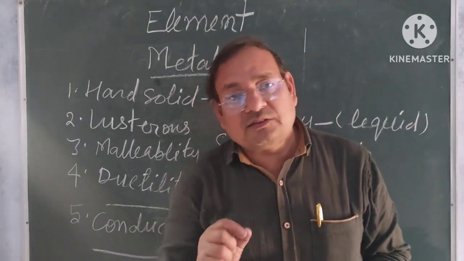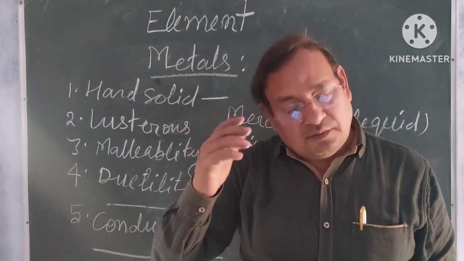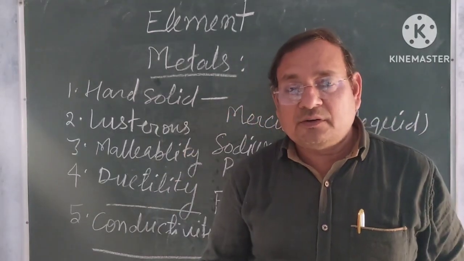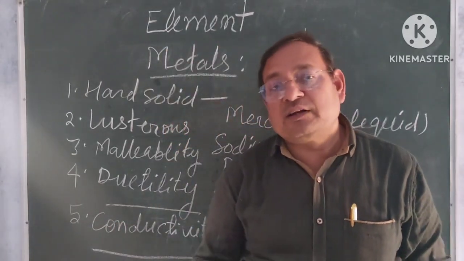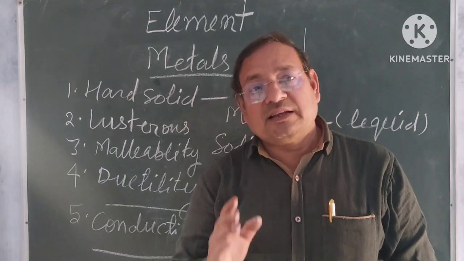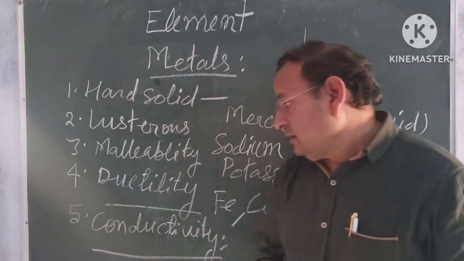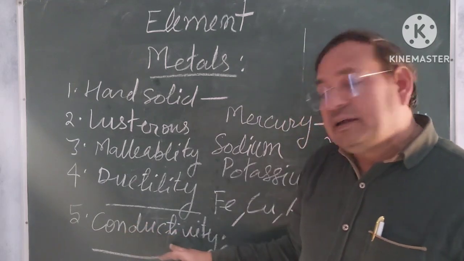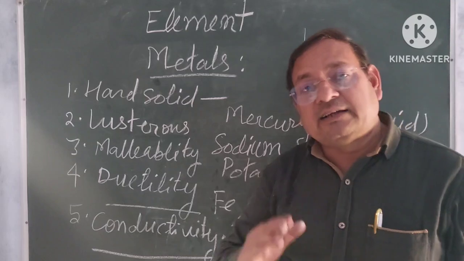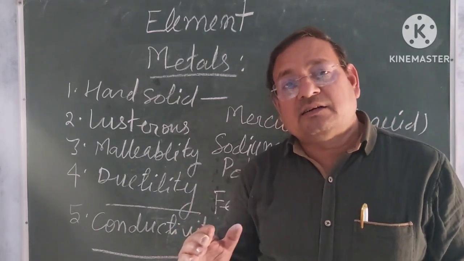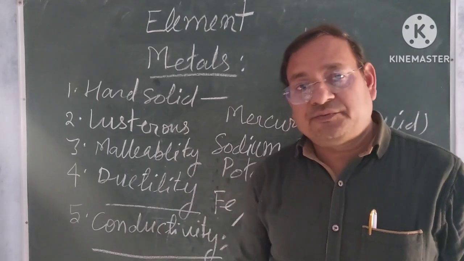So you have seen tungsten in the filament of a bulb. Bismuth also is a very poor conductor. It means bismuth cannot conduct heat and electricity well. So this is the basic property of metals, conductivity, that they can conduct electric current as well as heat through themselves.